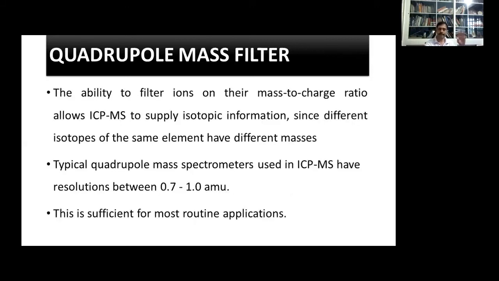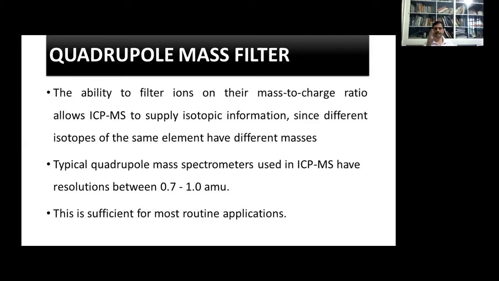The ability to filter ions on their mass to charge ratio allows ICP-MS to supply isotopic information, since different isotopes of the same element have different masses. So that is what happens in an isotope, isn't it? Number of protons, number of electrons will be the same, but number of neutrons will be different. The charge will be the same, but mass will be different.